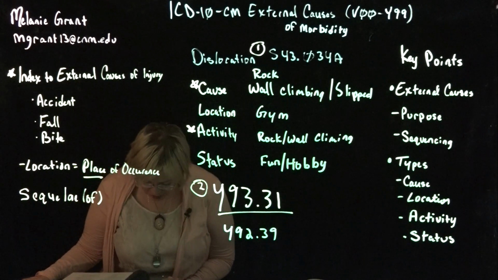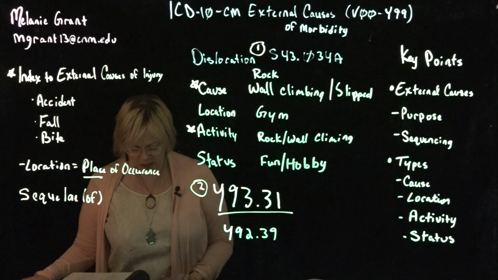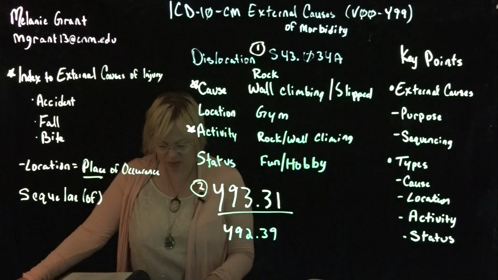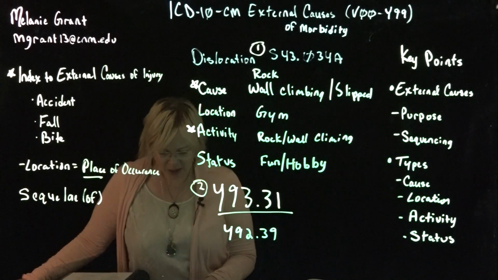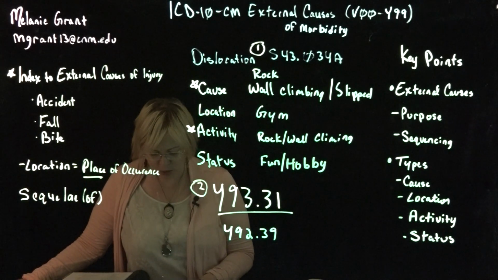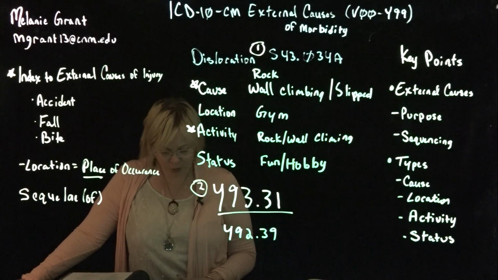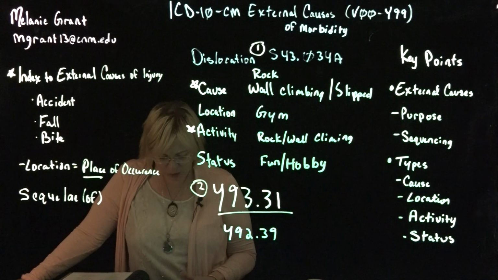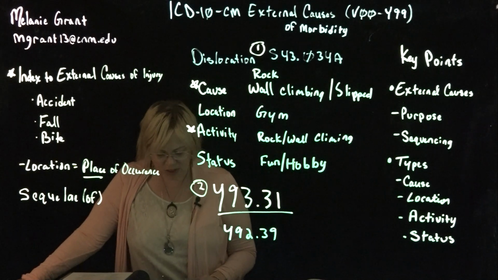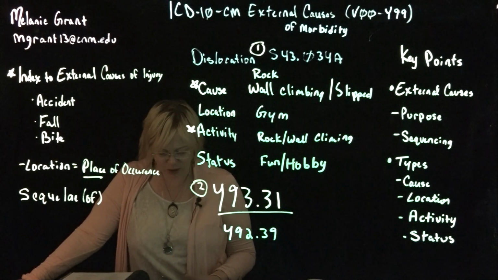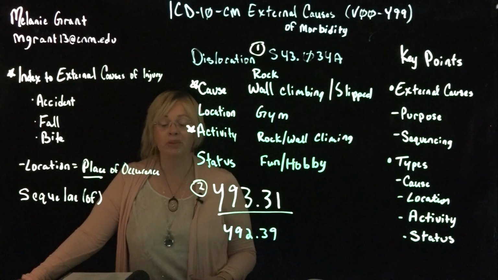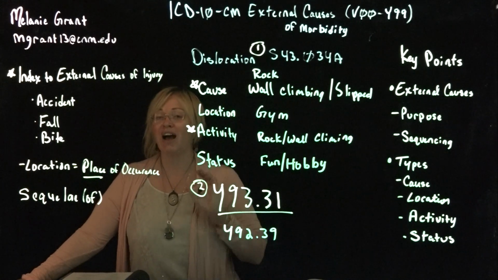I see that there is a fifth digit required here, and so I'm going to look at my options. 3.1, athletic court. 3.2, athletic field. 3.3 is a skating ring. 3.4 is a swimming pool, and 3.9 is other specified sports and athletic areas as the place of occurrence of the external cause. Ooh, so this is one of our others.